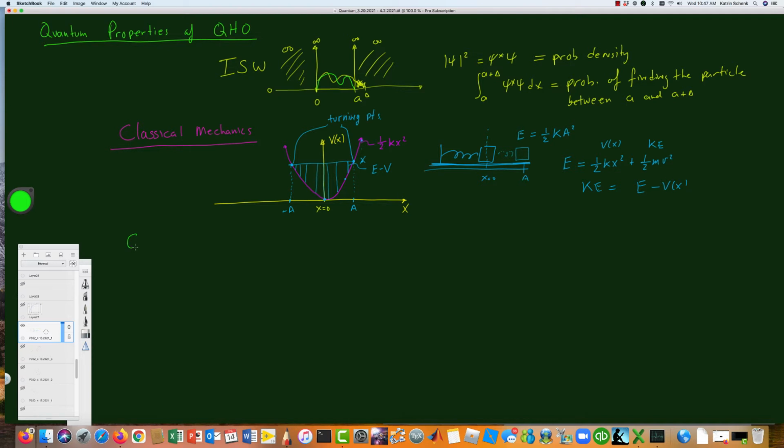So we're going to calculate the probability of the particle being outside of the classical turning points.